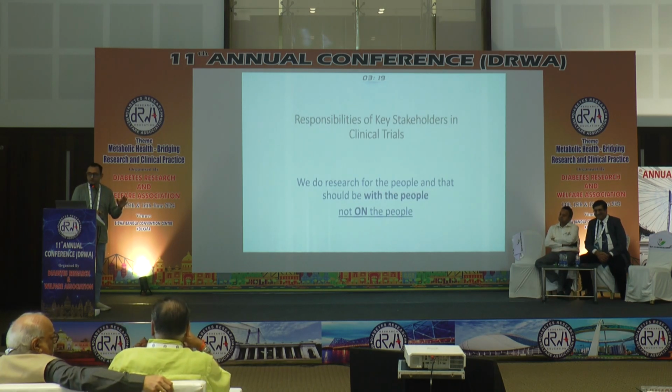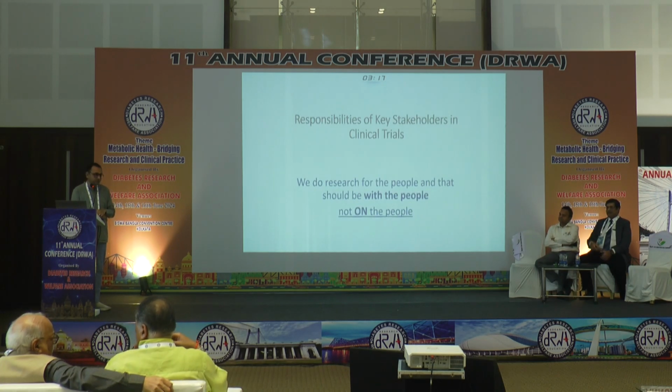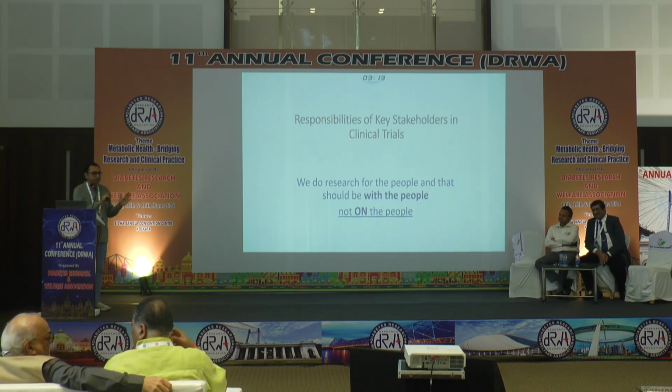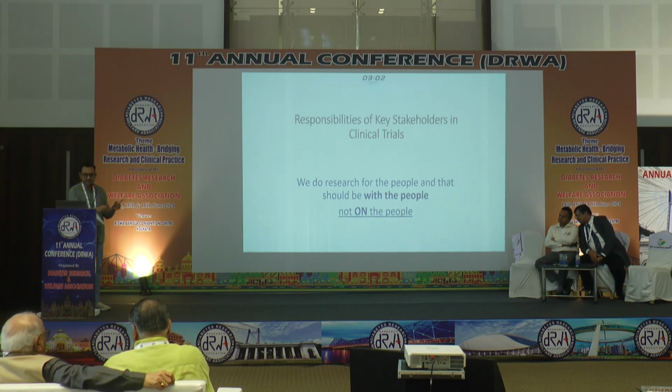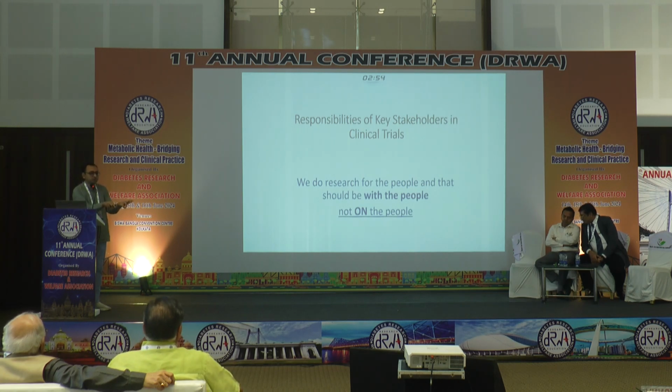Again, when we talk about the responsibilities of key stakeholders in a clinical trial, there are certain people, including sponsors and investigators, but the most important stakeholder is the study participant, and we need to understand that. This line is very important: we do research for the people, and it should be with the people, not on the people.